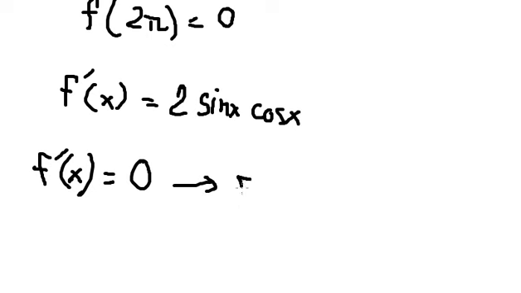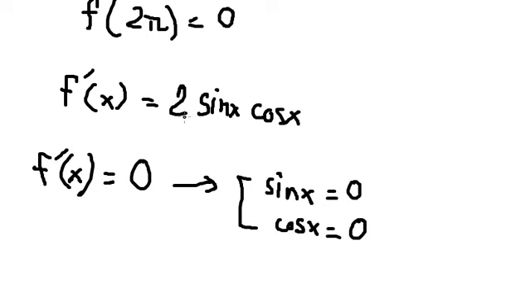That means sine x equals 0 and cosine x equals 0. Because we put this equal to number 0, this one and this one equal number 0.